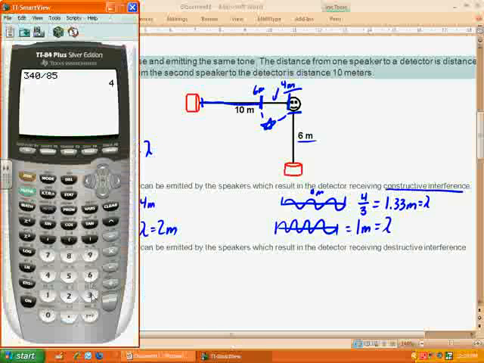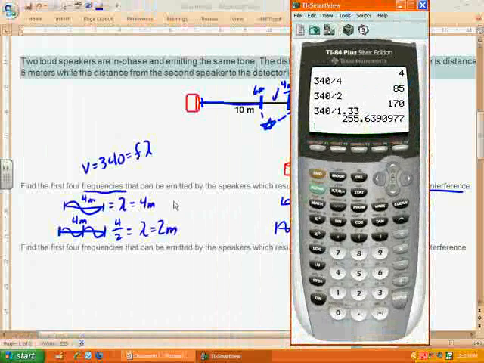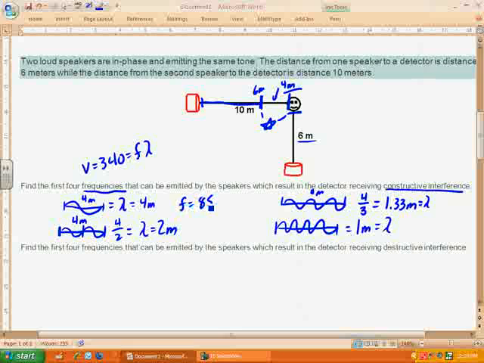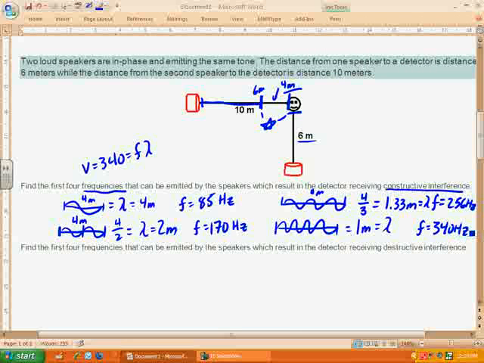So, 340 divided by 4, 340 divided by 2, 340 divided by 1.33, so 85, 170, frequency equals 170 hertz, 255, so 256 hertz, and this one, of course, frequency equals 340 hertz, right? So there you go. There's the frequencies.